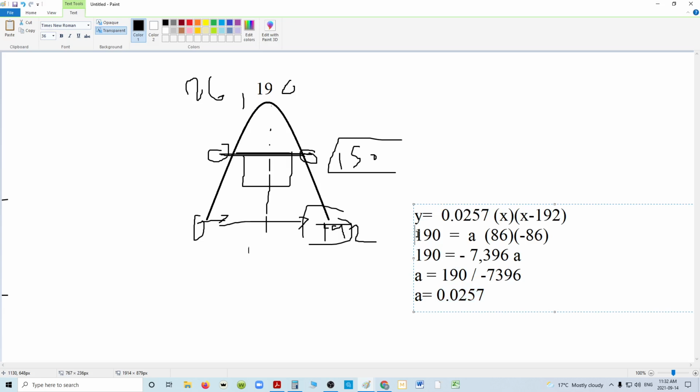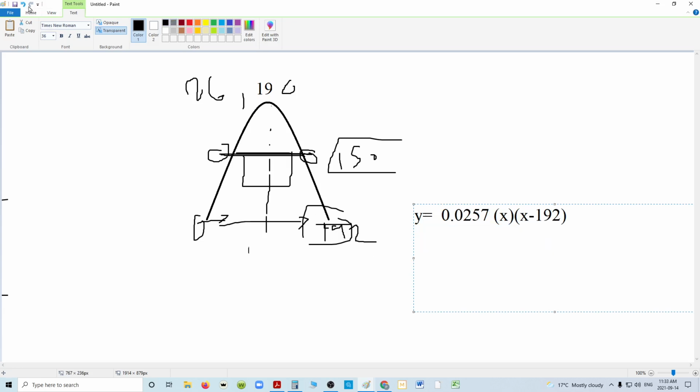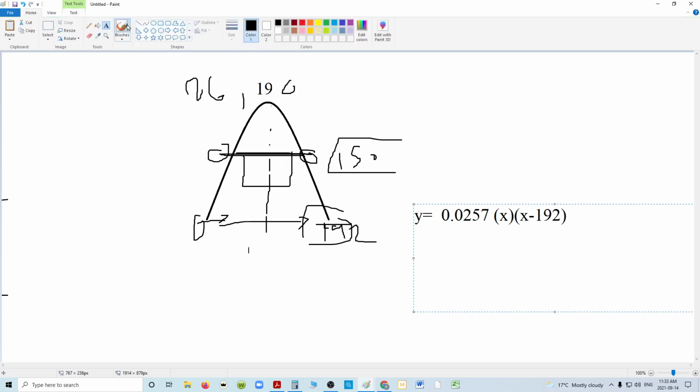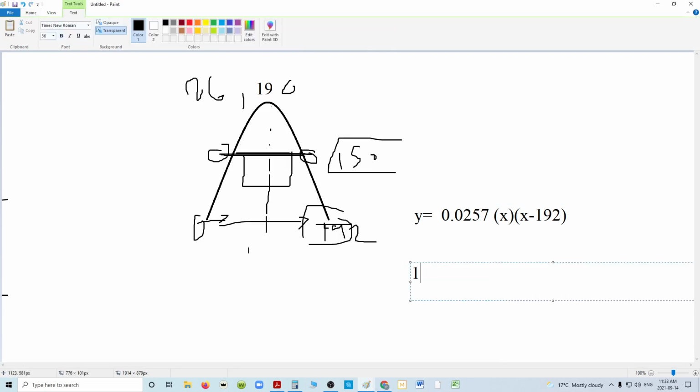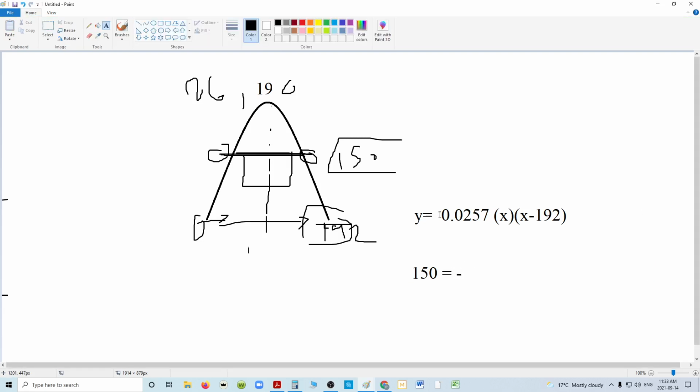Now you say, well, what good does that do me? Well, remember that you were going to hang the flag 150 meters up, which means you know that your y at that point is 150. You just need to now solve for x. When I expand it, I get 150 is equal to negative, that's got to be a negative, which makes sense because it's facing down, right?